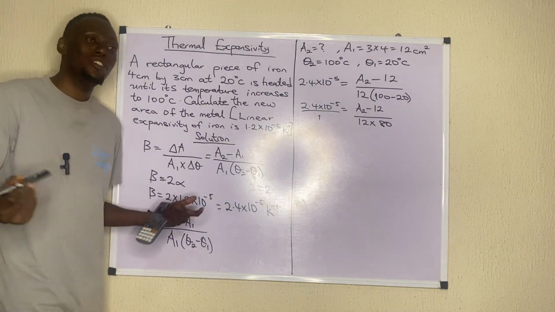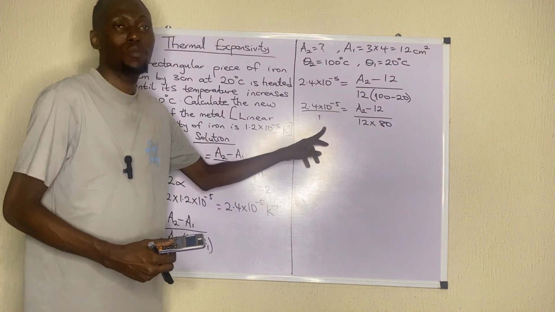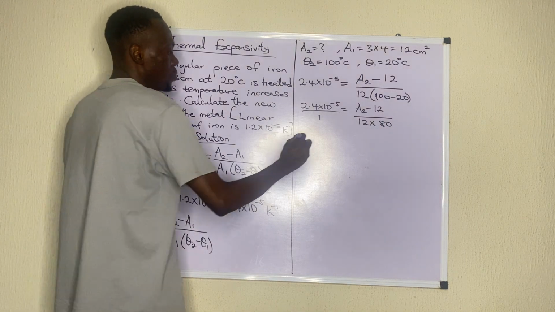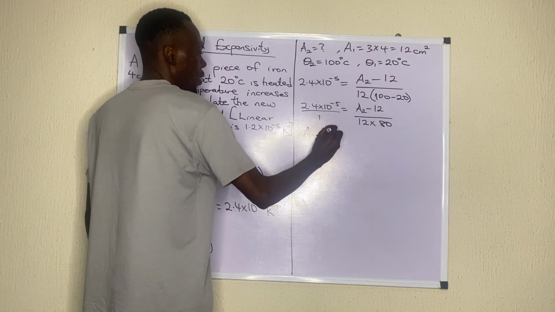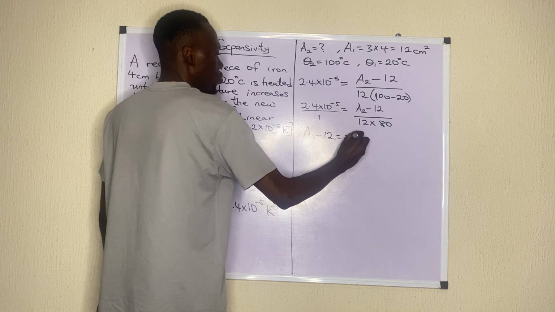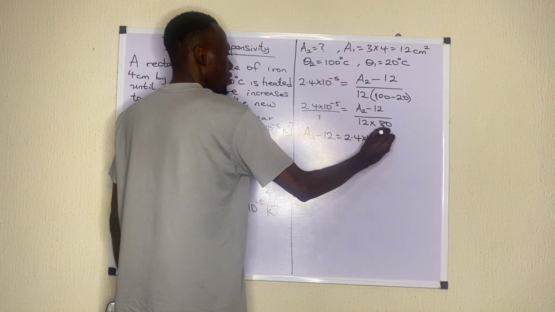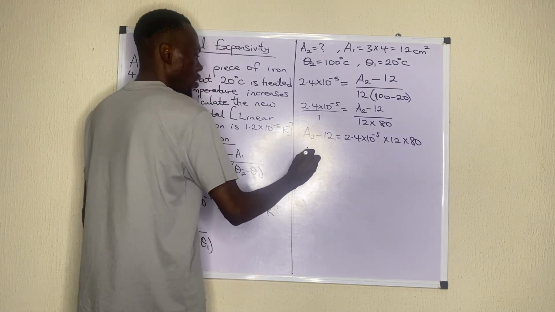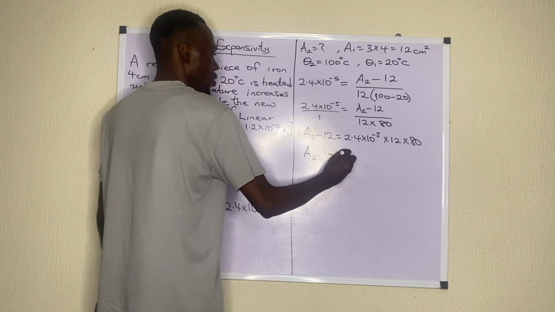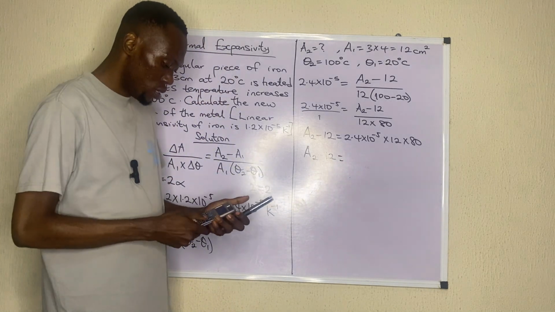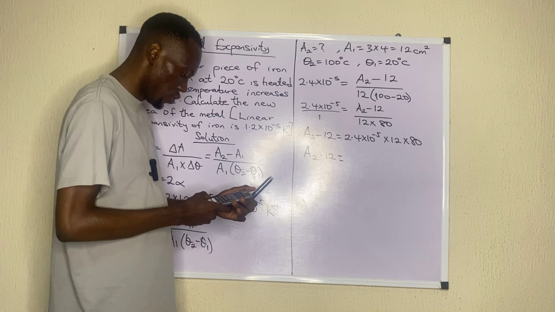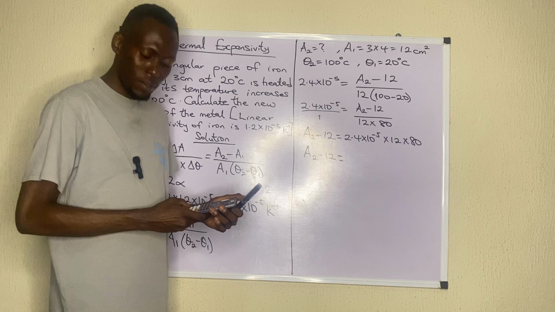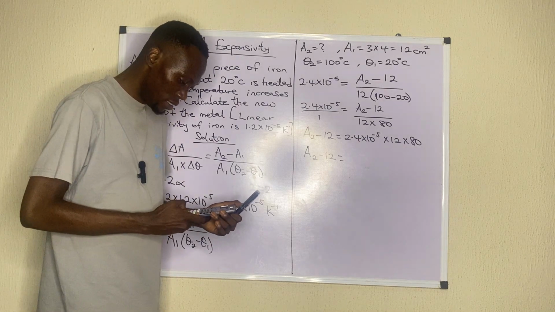Mathematics students, you know that from here I just need to cross and multiply. A2 minus 12 will multiply 1, and 2.4 times 10 raised to the power minus 5 will multiply this. So moving on, I'll have A2 minus 12 is equal to 2.4 times 10 raised to the power minus 5 times 12 times 80. Let's use our calculator to multiply: 2.4 times 10 raised to the power minus 5 multiplied by 12 and multiplied by 80.